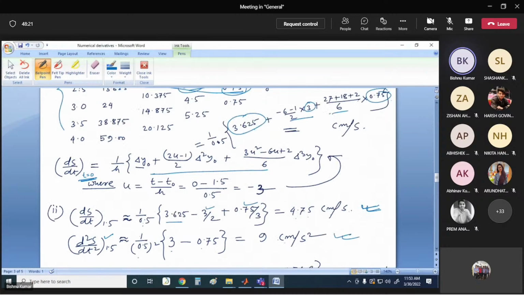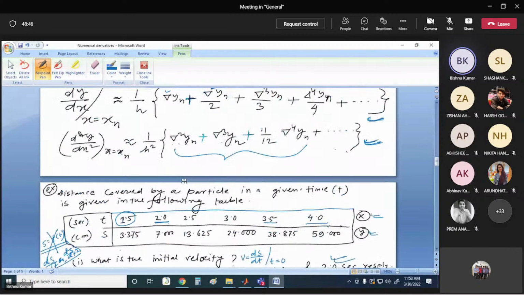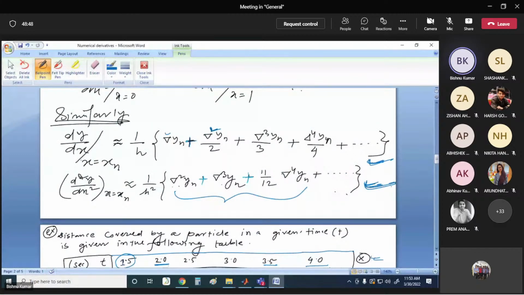To calculate the derivative at the last point, or the second derivative, for this example the acceleration, at the last point you have to pick up the lower diagonal elements. These are grad yn, grad square yn, grad cube yn, like that. You have to rearrange the formula and use these two formulas.